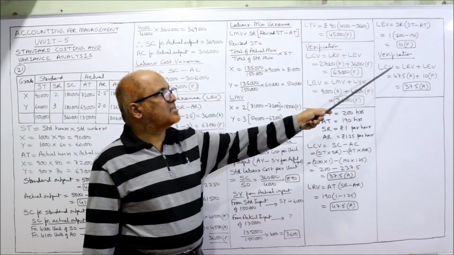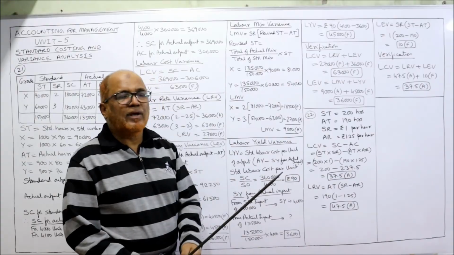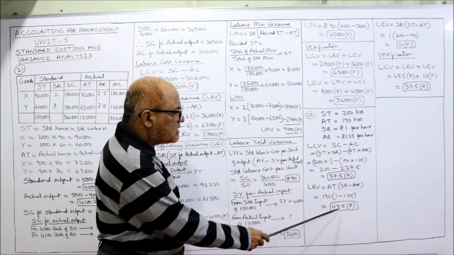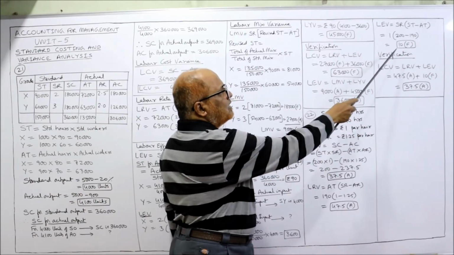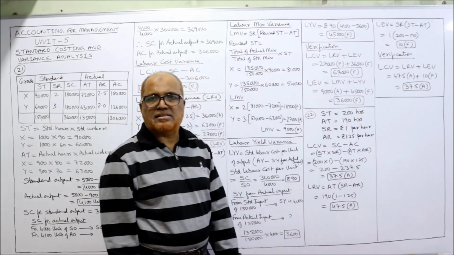Now verify whether we have done correctly or not. Verification: LCV is equal to LRV plus LEV. How much is LRV? 47.5 adverse, minus. Whereas LEV is 10 favorable, plus.